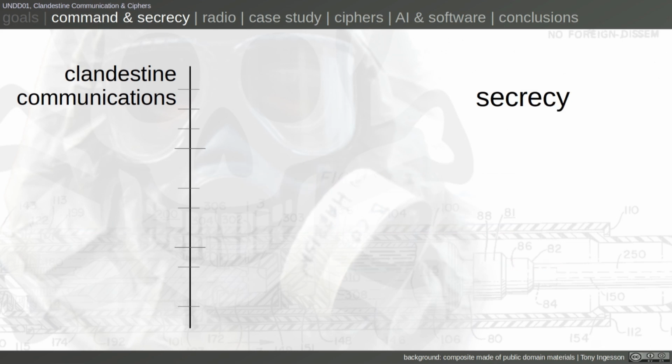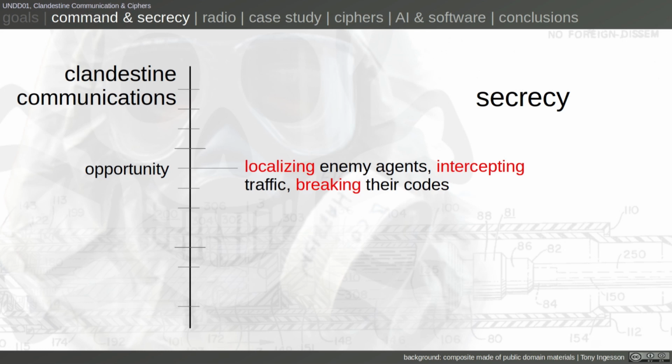The second dimension here is secrecy, because this presents an opportunity. If you can localize the enemy's agents and intercept their traffic and break their codes, this presents an opportunity for you, because this will give you insight into what the enemy is doing and also potentially give you an opportunity to trick them.